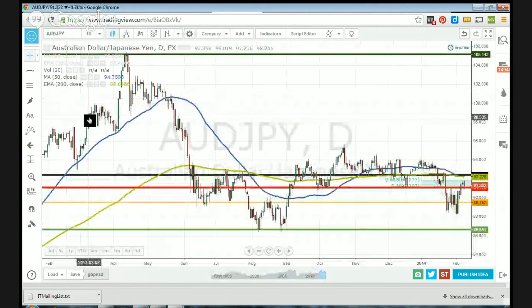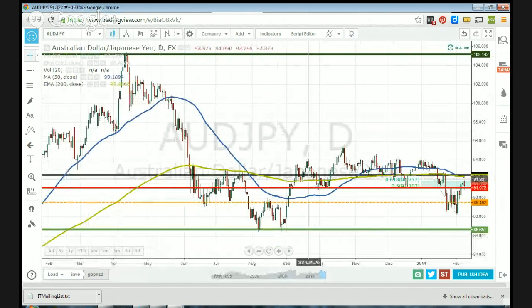Okay, we are now back in this trading range of sorts. I don't know really what the deal is with the price action on Aussie Yen. It's a little weird. I still would tend to regard this as a trend or in a range. Let me redraw the range.